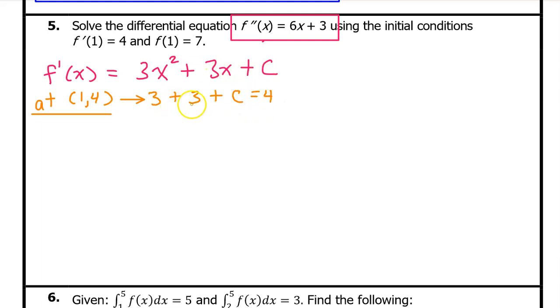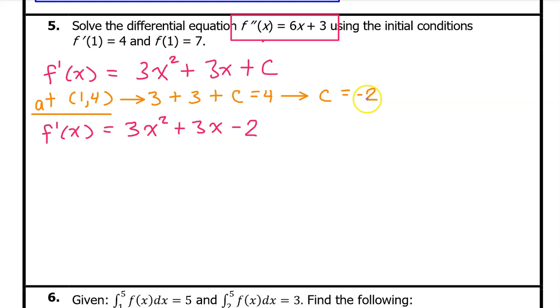This is 6 plus c is equal to 4, so subtracting 6 from both sides gives us c equals negative 2. Substituting negative 2 for c gives us the expression for f prime of x. Now we can find an expression for just f by taking the antiderivative of both sides of this equation.